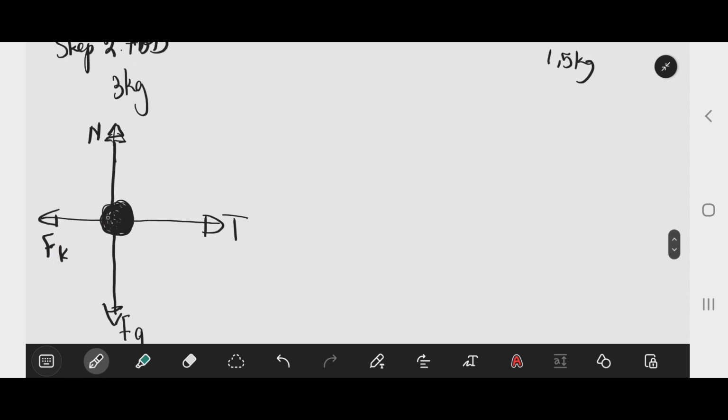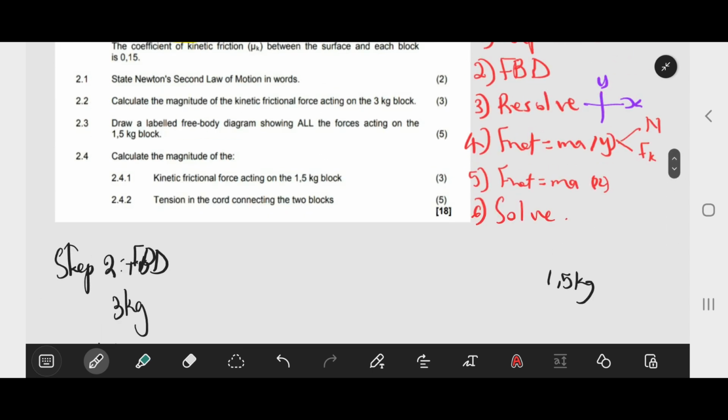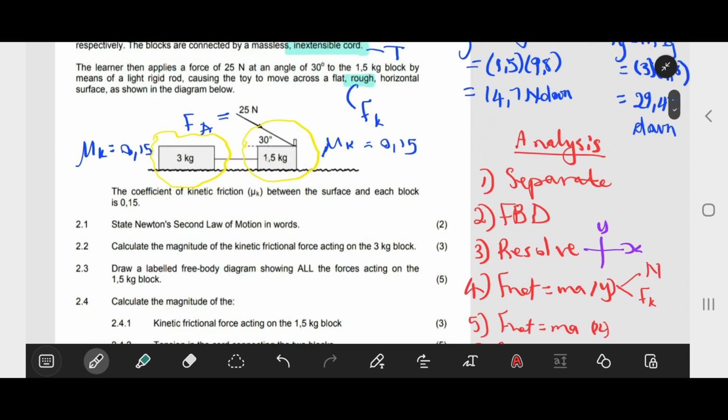So now let us do the free body diagram for the 1.5 kg. So if you look at the 1.5 kg block, we can see that we have the mass of the object, then it means we have gravitational force. We have the surface, we should have a reaction force from the surface, right?